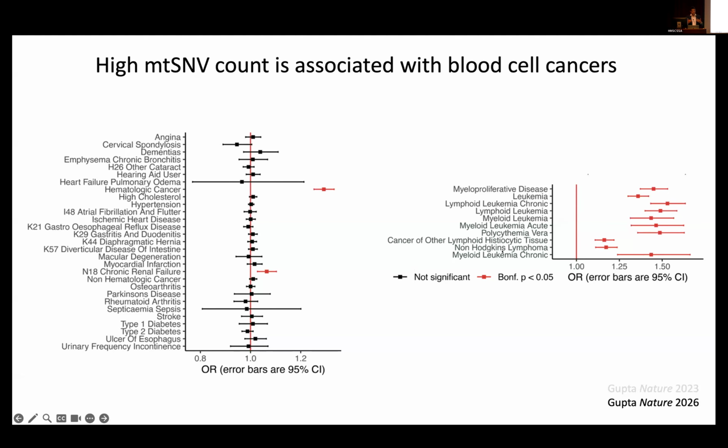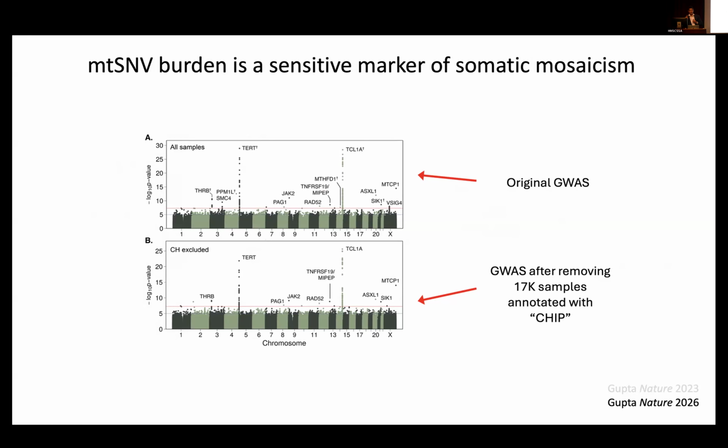This is consistent with the idea that CHIP is a precancerous lesion. There's a lot of excitement about somatic mosaicism because this may extend to other tissues as well. And we think that the mtDNA mutation burden may serve as a more sensitive marker of somatic mosaicism. So that was our original GWAS.